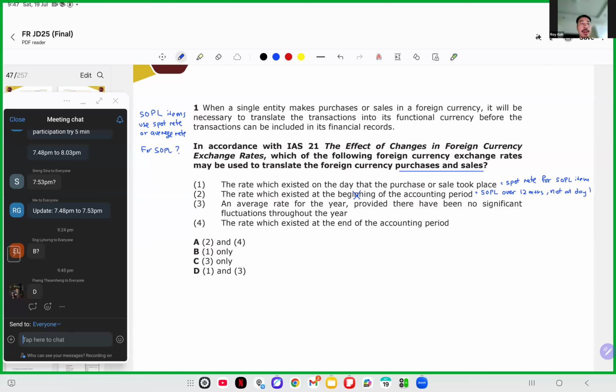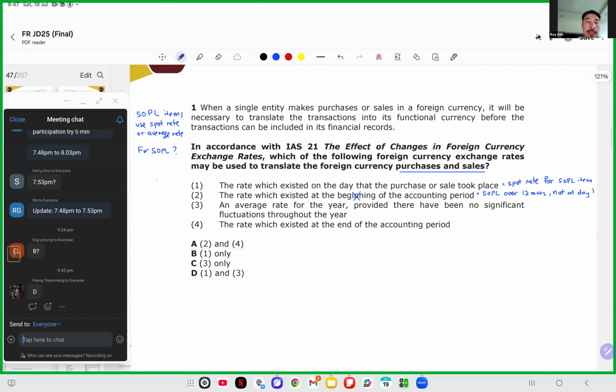For a P&L item, the spot rate is allowed. The beginning rate is not allowed, because not all sales are on one day. For the average rate, yes. So a P&L item can also use the average rate. But the rate at the end of the year is also not allowed.